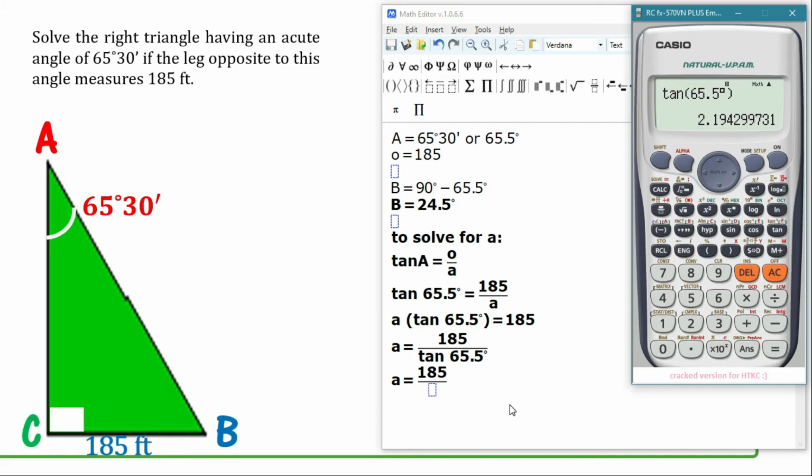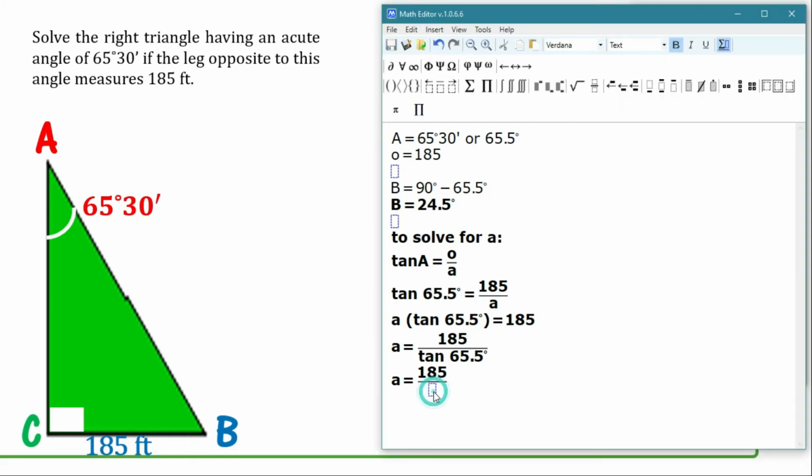that's gonna be 2.194299731. Okay? So, mas maganda kung gagamitin natin yung exact value para mas accurate po yung makuha natin. Alright? So, that's gonna be 2.1943 if gagawin nating 4 decimal places. And then, I'm gonna put ellipsis here, meaning there are still significant figures na kailangan nating i-consider. Okay?